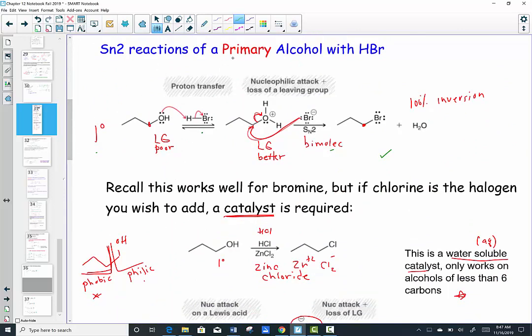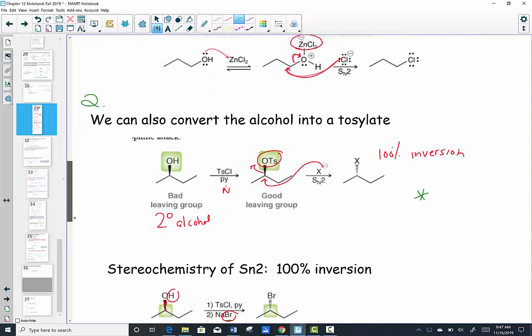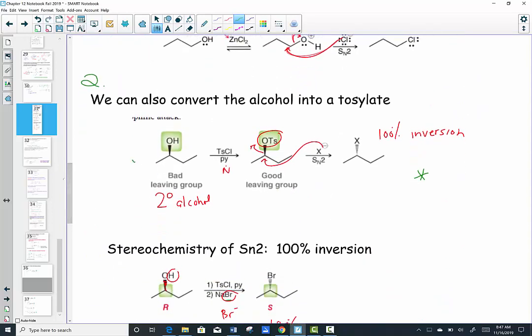An SN2 with a primary alcohol, well, no, because it was secondary. What about going down further and finding those SN2s for a secondary alcohol delivering a chlorine? Well, this certainly looks like it would work. We could use a tosylate compound in a workup of pyridine and deliver a chloride as the substitution.